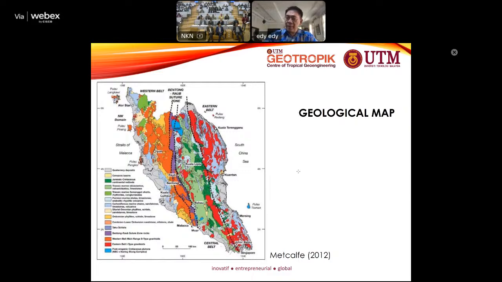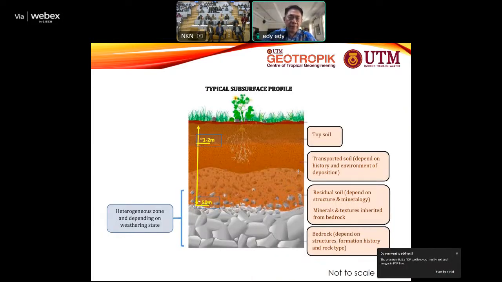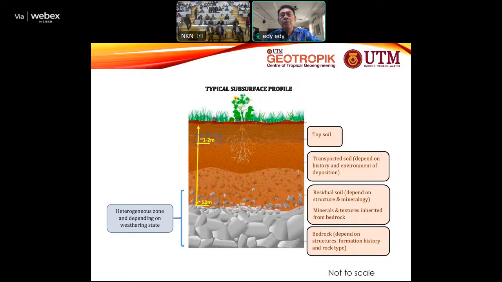Okay, and as it is generally understood, the typical subsurface profile consists of the top soil and then transported soil, where the topsoil is much different compared to the transported soil, where the transported soil depends on the history and the environment of the decomposition. That means it's been carried away from other sites to the in situ place.